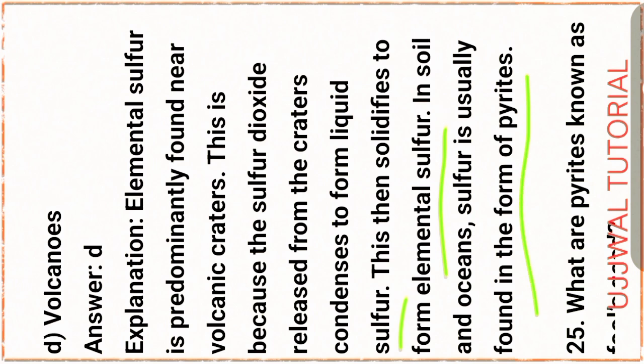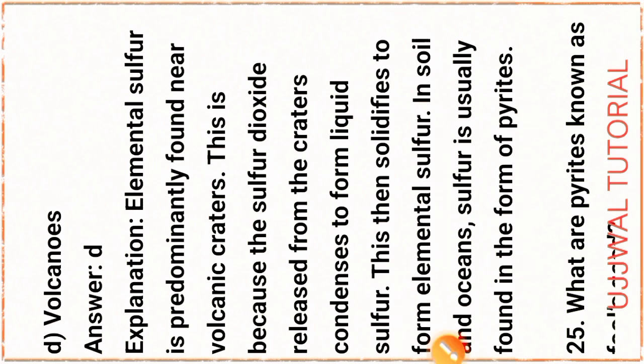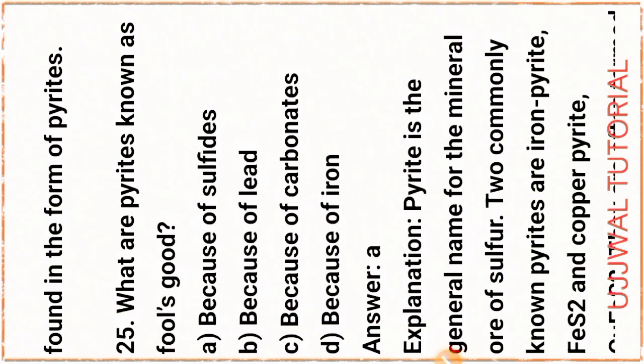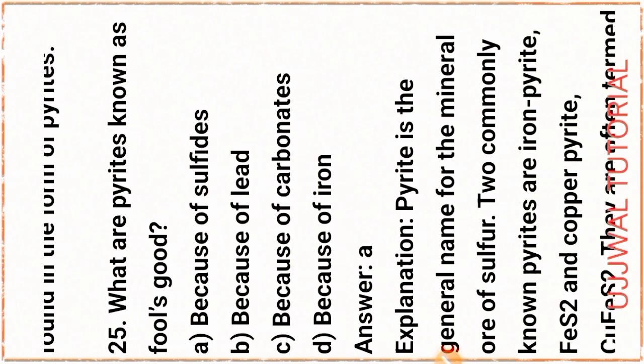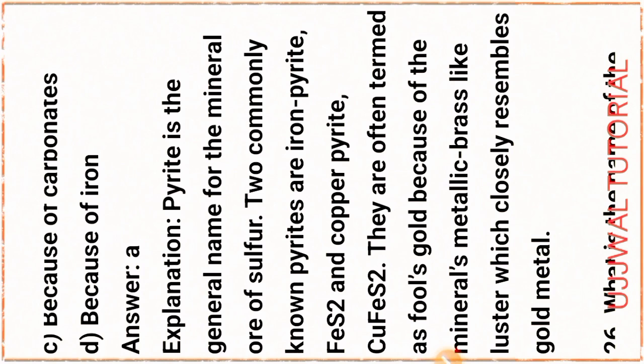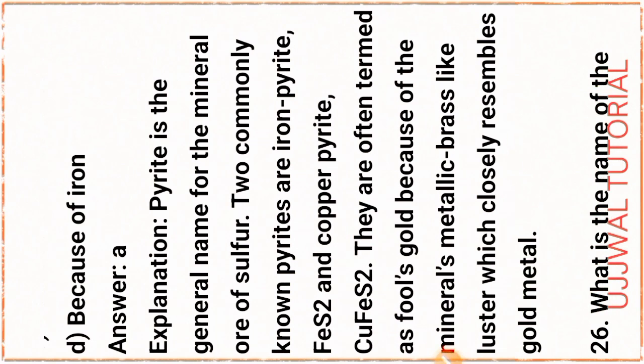Next question, number 25. What are pyrites known as? False gold. Option A, that is because of sulfides. Pyrites is the general name for the mineral ores of sulfur.